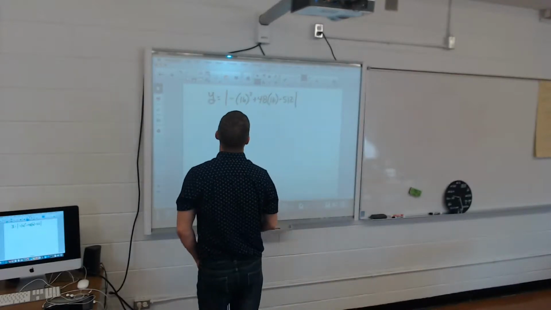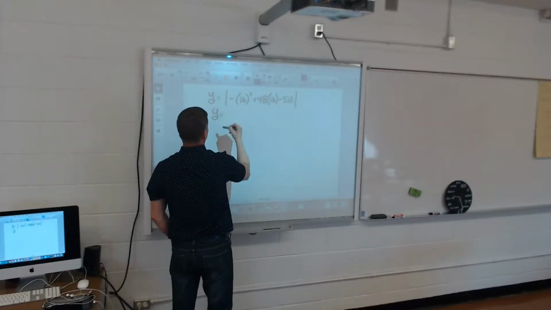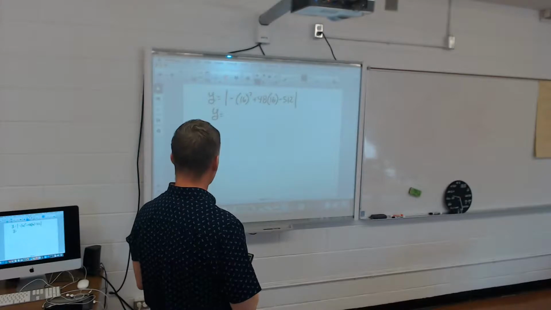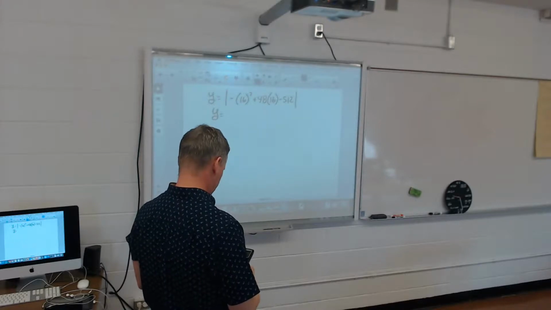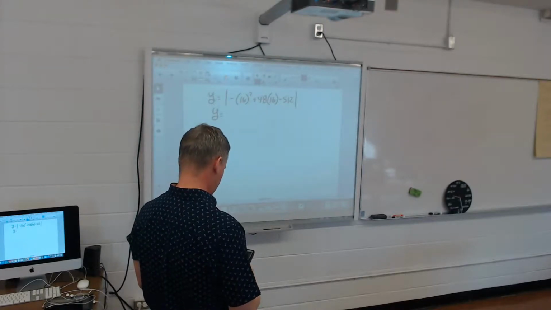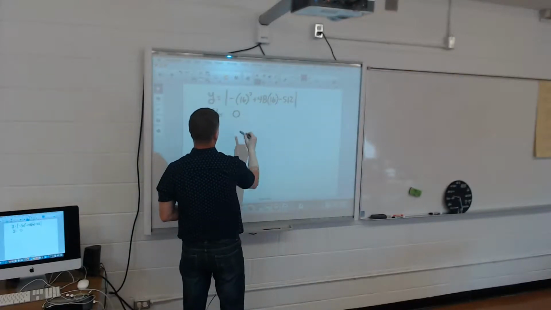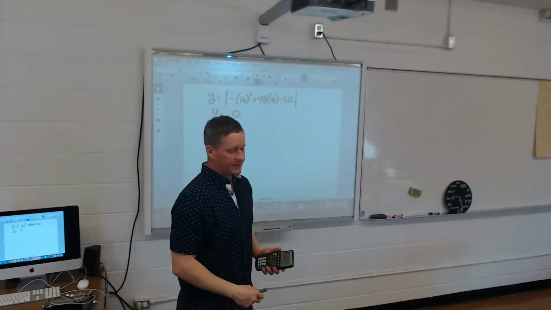Okay. So let's substitute that value in, and then let's solve for it. I got this equaling 0. So a profit of 0.